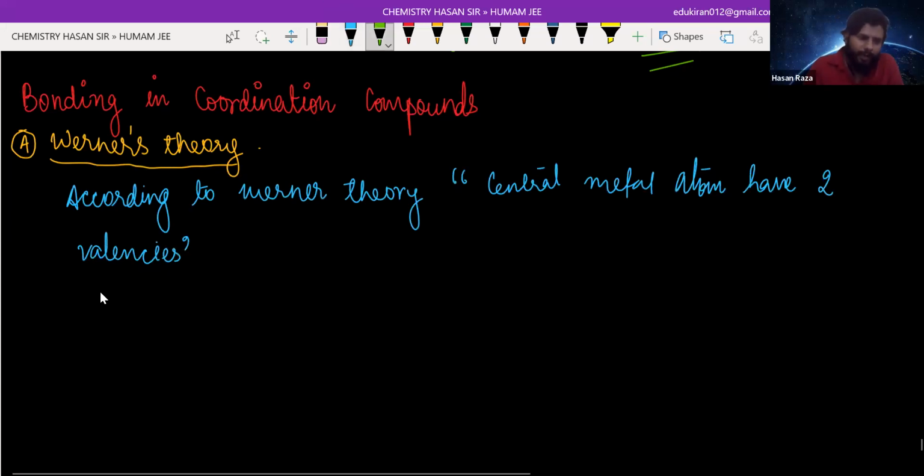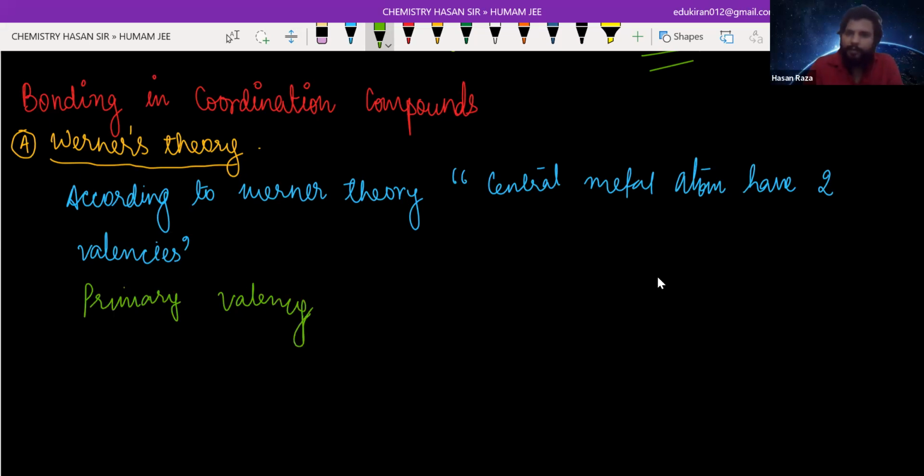One is your primary valency and another is your secondary valency. Now see what happens in primary valency. This is similar.